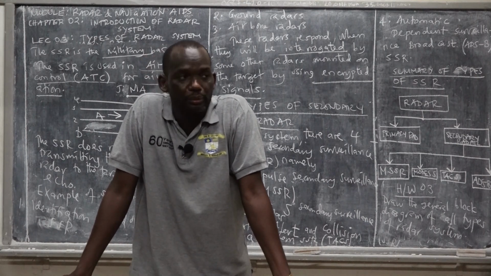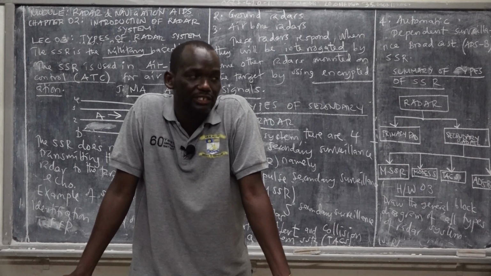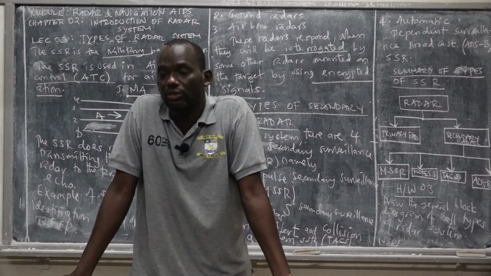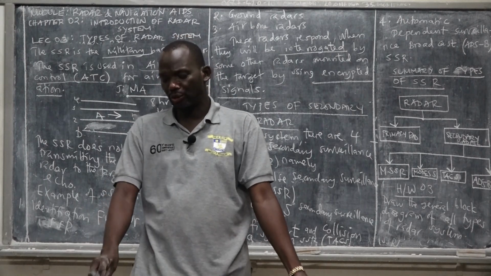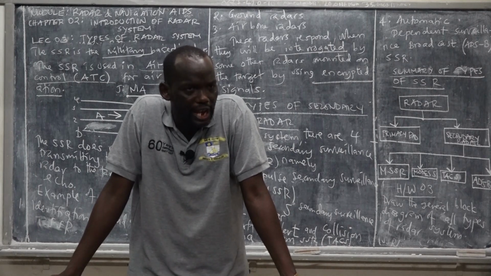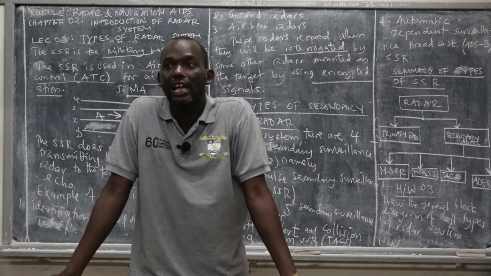Make sure that before we meet in the next class, you draw those different block diagrams, because I cannot teach you how they operate if you don't have a general block diagram. Are we together? Yes.